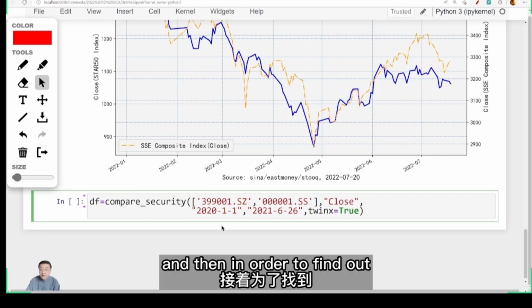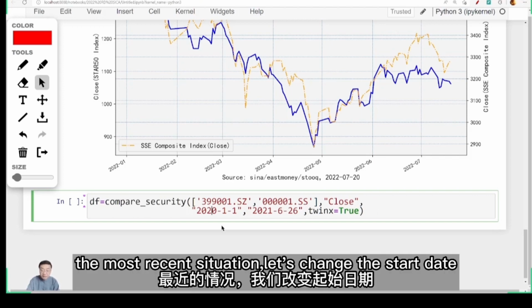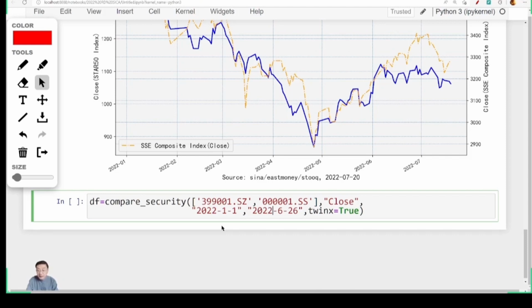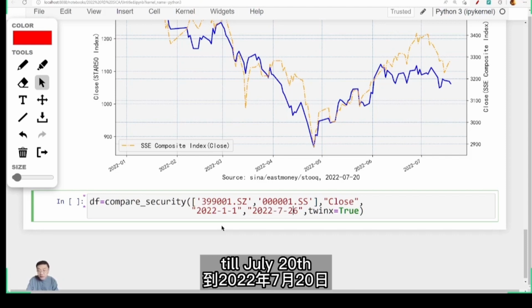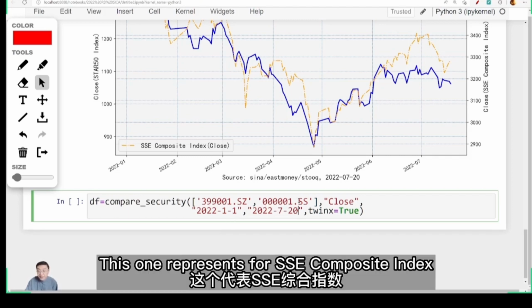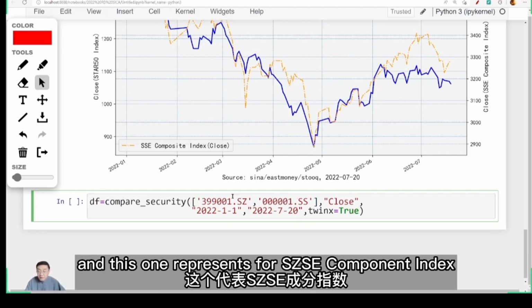And then in order to find out the most recent situation, let's change the start date to January the 1st, 2022, till July 20th. This one represents the SSE composite index, and this one represents the SZSE component index.